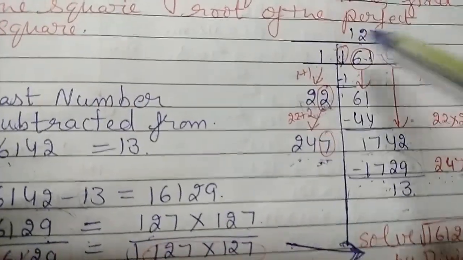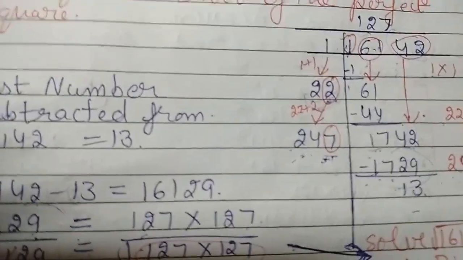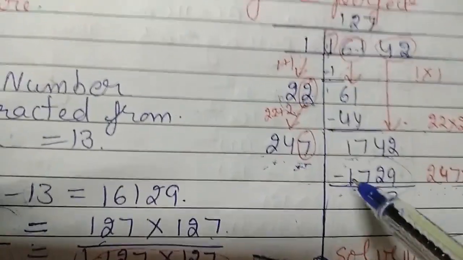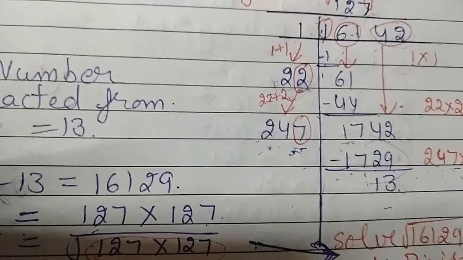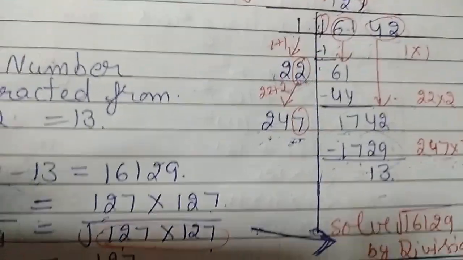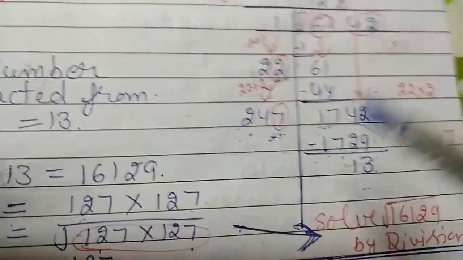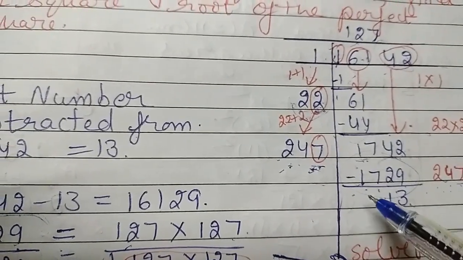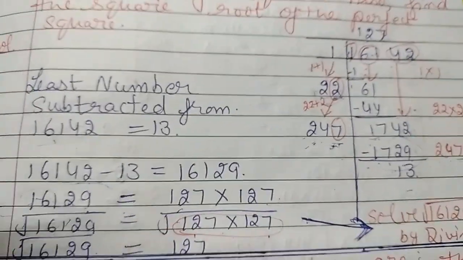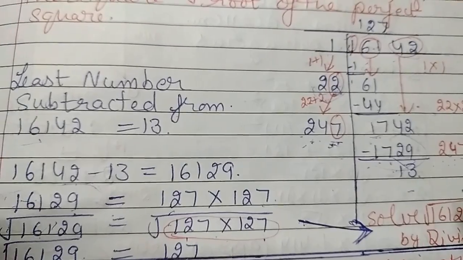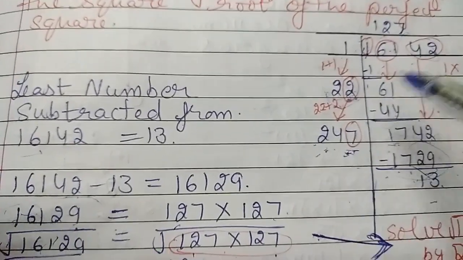All the steps are repeated, the only difference is that in place of 1729 you will get 1742, and there should be no remainder left. Same division you have to repeat again.